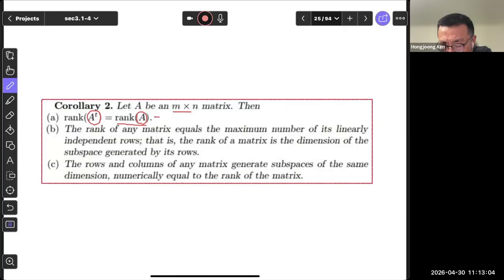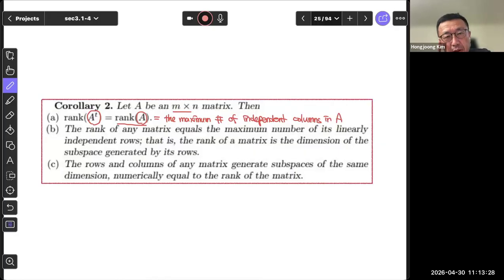That was the maximum number of linearly independent columns in A matrix. Okay, that was one of the theorems we considered.